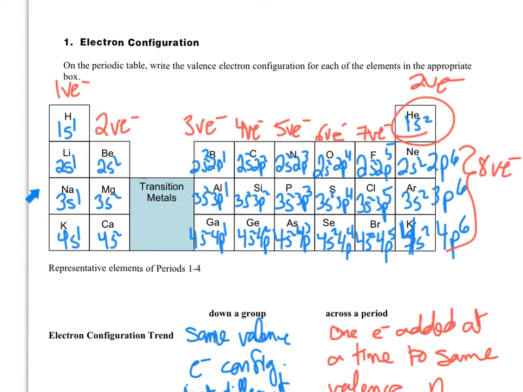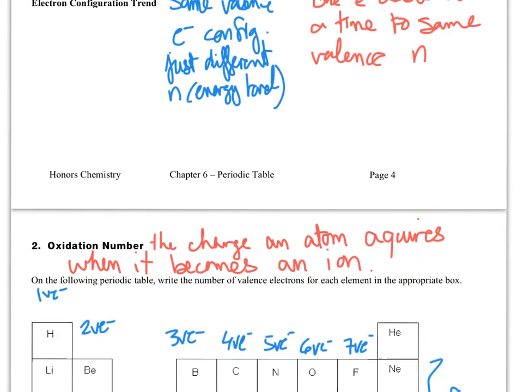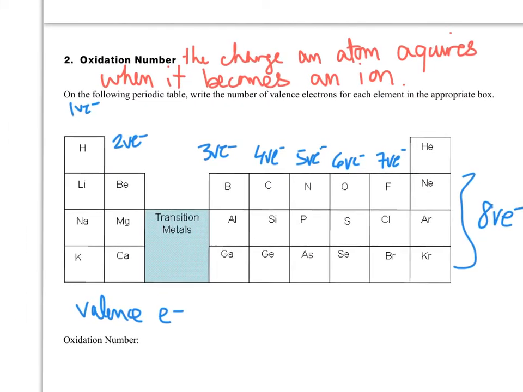Sodium, if you lose that 1 electron, you become like neon, and so on. So those lose 1 electron. Electrons are negative. If you lose a negative, you become a positive 1. So I'll do red for my oxidation number, which is the charge. These are all +1.